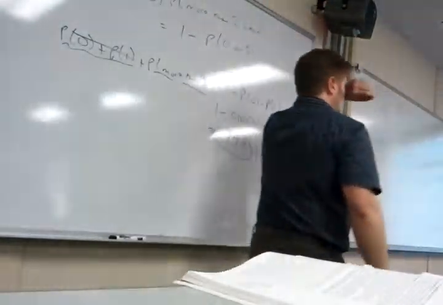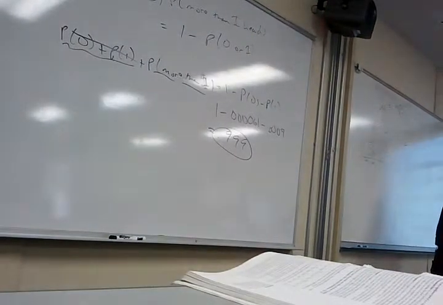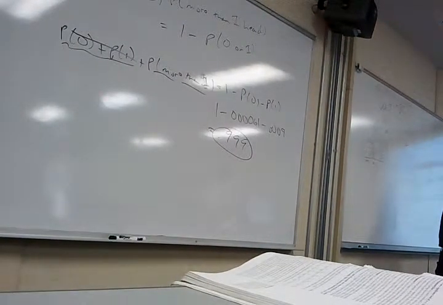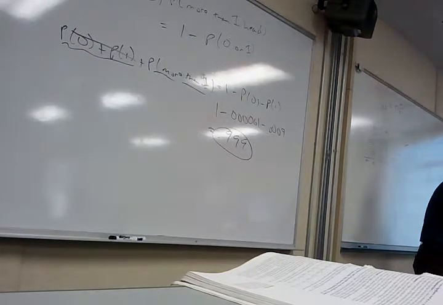No. So the variance would be n times p times q. So it should be 14 times 0.5 times 0.5, which is 3.5. That's the variance. And the standard deviation would be the square root of 3.5, and you get what now? 1.871.